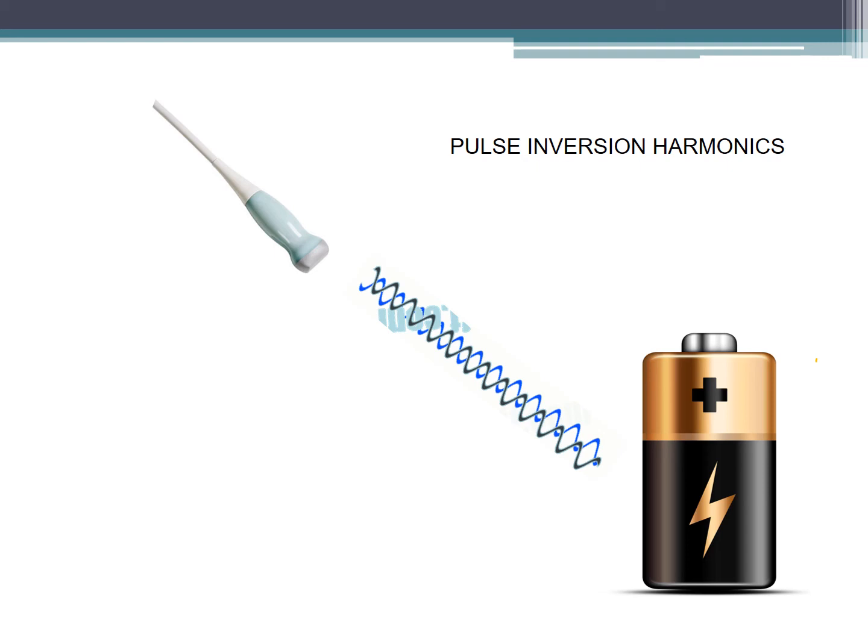And then what ends up coming back is just our harmonics waveform. So we send, we'll say, a positive fundamental frequency out, also a negative fundamental frequency out. So those two cancel each other out. And now the machine can only hear that harmonic frequency coming back.